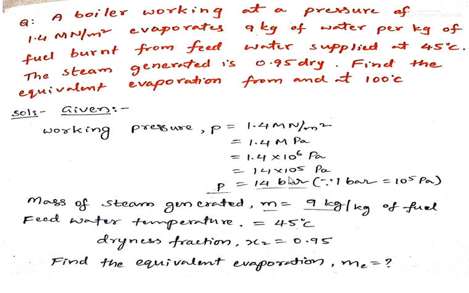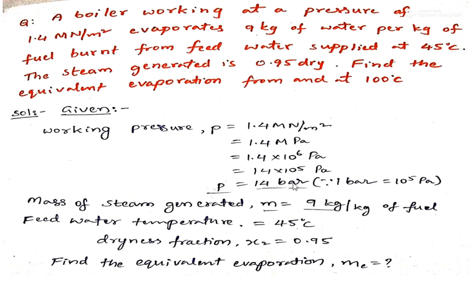When you rearrange, this can be written as 14 into 10 to the power of 5 pascals, and we know 1 bar is equal to 10 to the power of 5 pascals. So this can be written as 14 bars. So we have converted this pressure into bars, 14 bars.